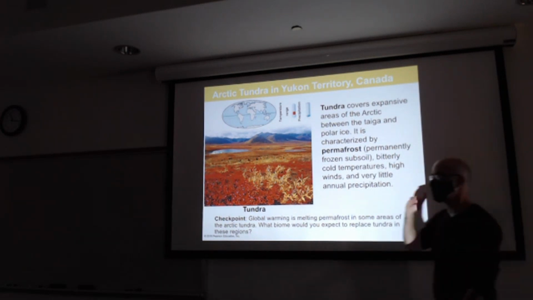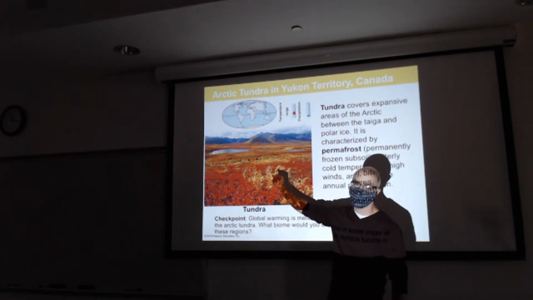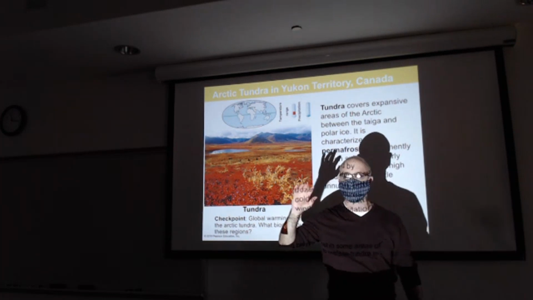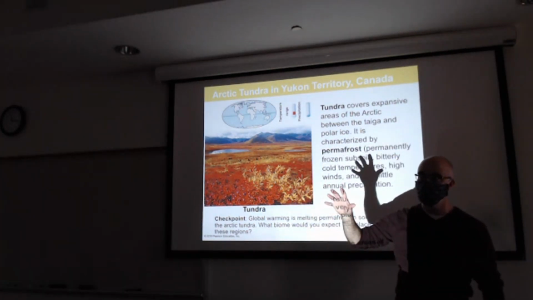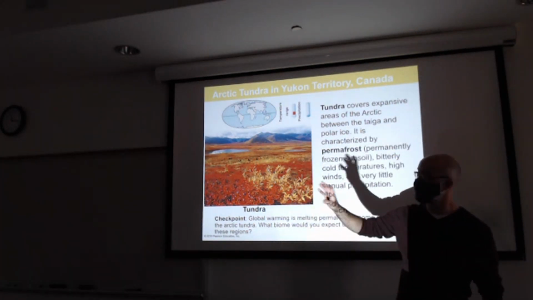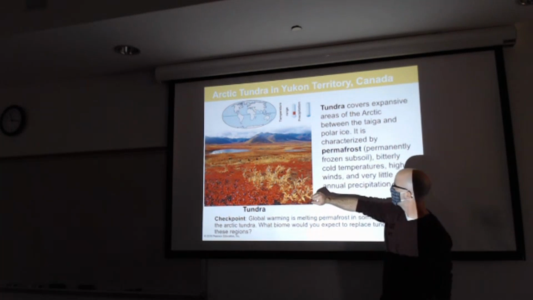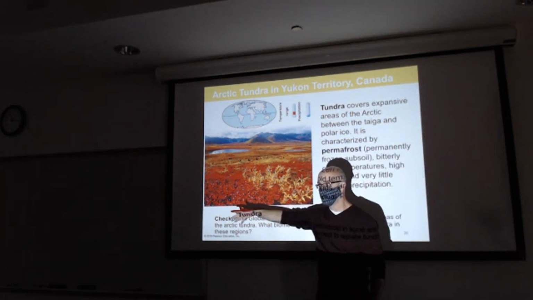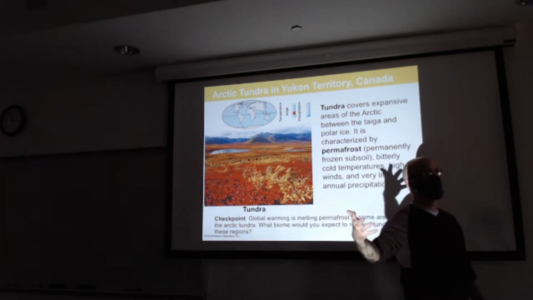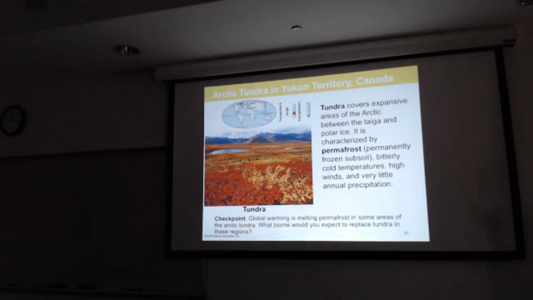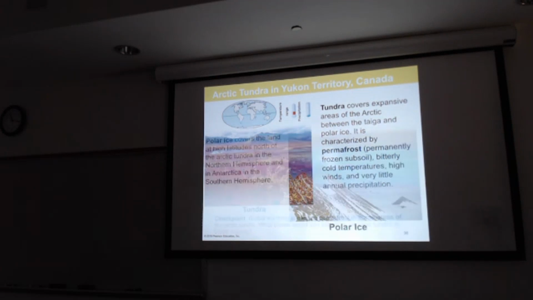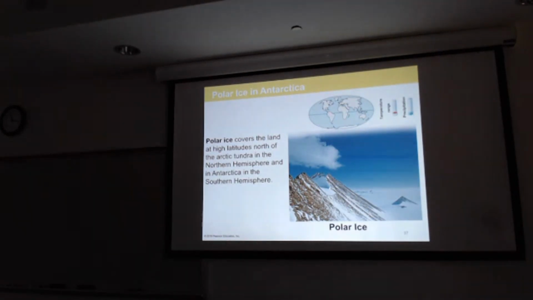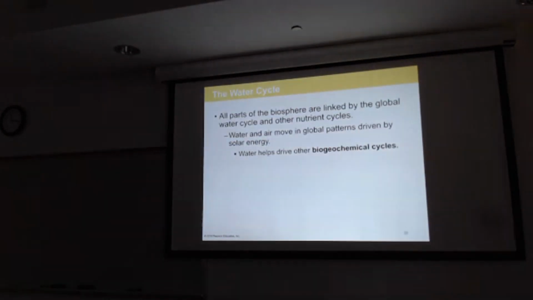And probably the thing about the moisture here is that it's not necessarily that it doesn't rain, but that the water is not available to the plants because it's frozen. Ice is water, yes, but it's not going to be usable by plants. Okay? So it's basically like it's dry. And then polar ice, that's because it's cold yet.